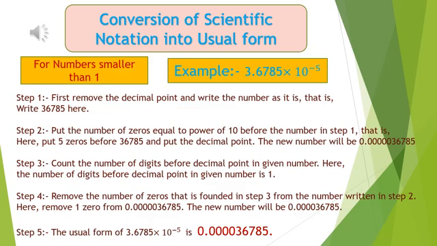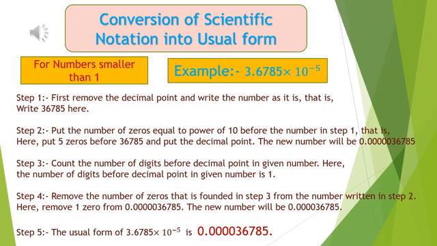So your new number will be 0.00000 with five zeros and then 36785. Now step 3. Count the number of digits before the decimal point in the given number. The given number is 3.6785. How many digits before the decimal?